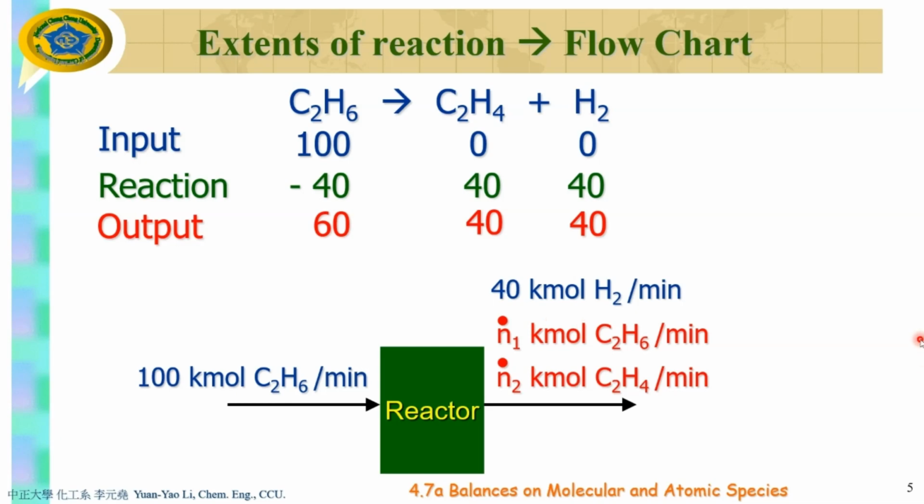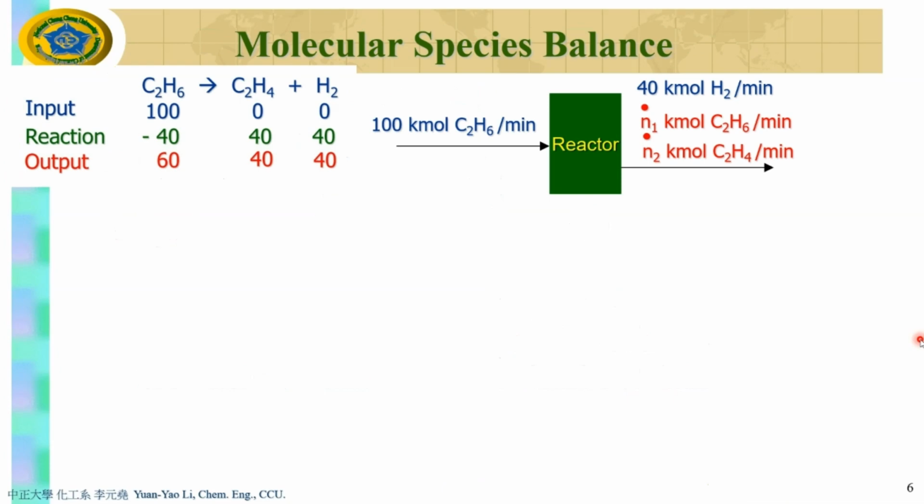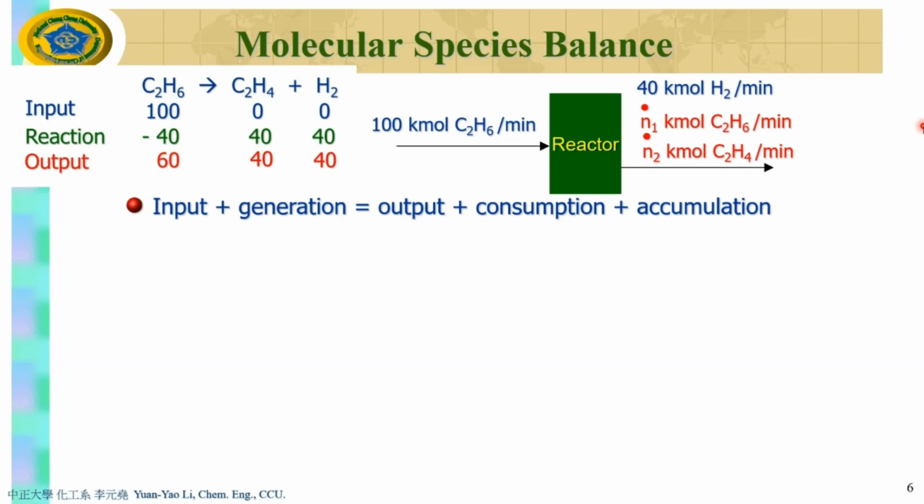How can we use this flow chart to solve the problem using molecular species balance or atomic species balance? For the molecular species balance, we need to know that input plus generation equals output plus consumption plus accumulation. As we know, this is a steady state process, so we remove the accumulation term from the general balance equation. Why? Because it's steady state, there's no accumulation.